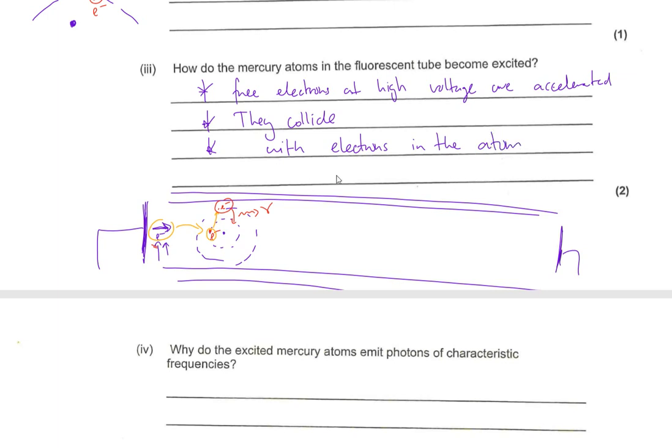When this happens, that's how it's transferring its energy. It's transferring energy through collisions. Again, if you got this wrong, make sure that you have these points there. Well, it should be 2 points, but I've split the last point here.